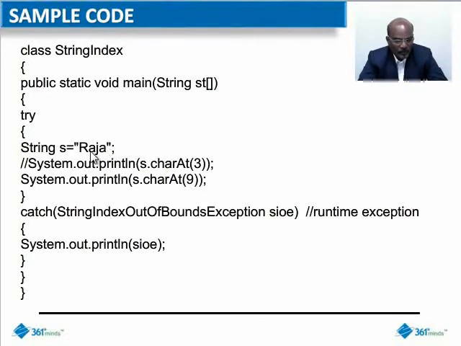The next line is commented, but the line after that says system.out.println s.charAt, which is a method to find the position of a particular character. Now in raja, the indexes are 0, 1, 2 and 3.